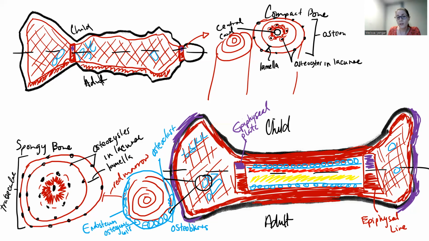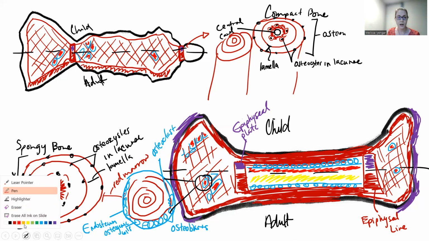And then always in the spongy bone, so basically just superficial to the endosteum that's going between the trabeculae, again, this is where I have my red marrow. This will be the same thing as in flat bones. So some of our flat bones will also store some of our red marrow for our adult and for our child. So you should be able to see a couple of differences here.